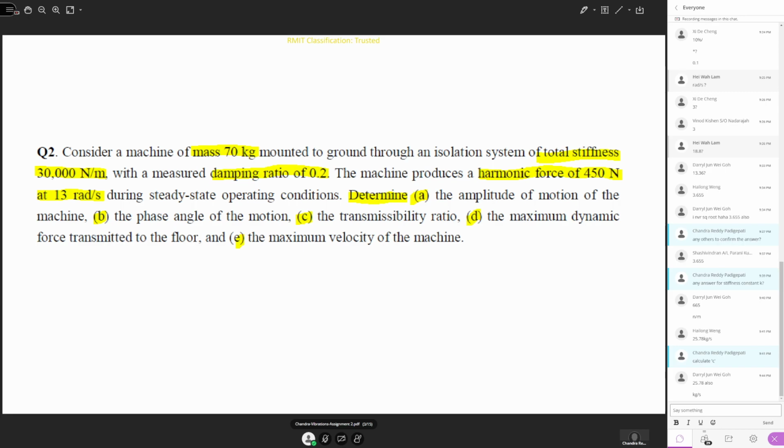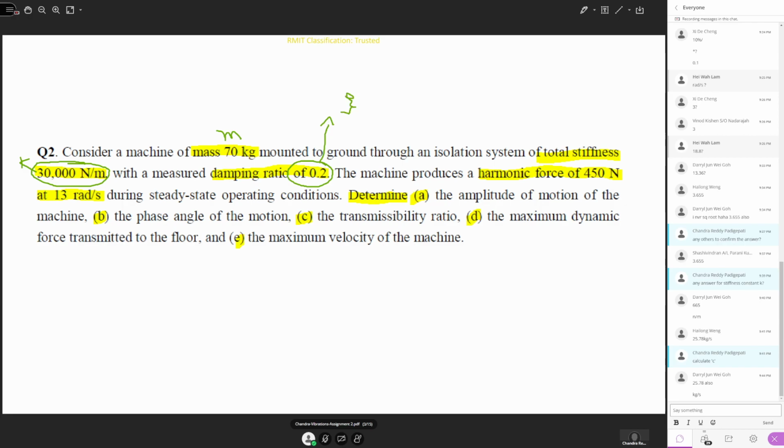A machine has a mass m equal to 70 kilograms, mounted to ground through an isolation system of total stiffness. So the K value is given, with the measured damping ratio of 0.2. So the eta value is given, the damping ratio.